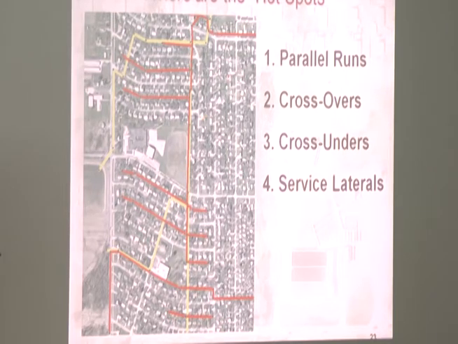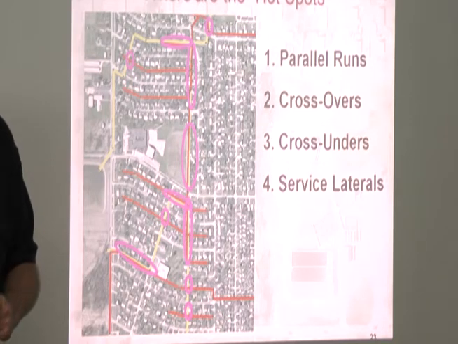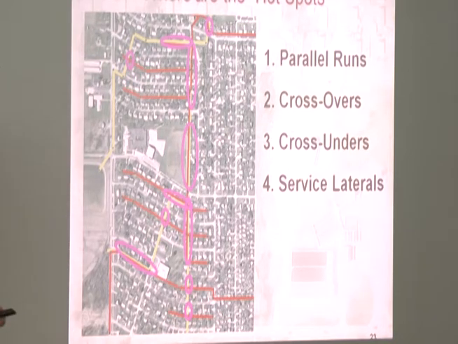And you can see that there are parallel runs here. Also, there are crossovers, namely the sanitary lines have got to cross over the storm lines because the storm lines are generally deeper. There are cross-unders where the sanitary lines are underneath shallower storm lines.